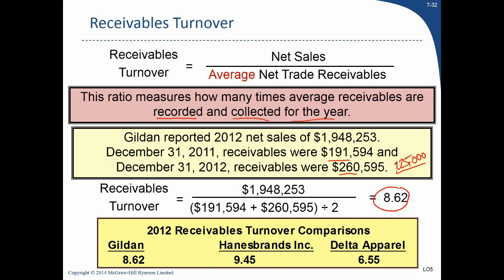This is simple in that we only have one customer, right? In actuality, you have a lot of customers, okay? But if we only had one, all that's happening is we sold to one customer 8.62 times at an average sale price of 225,000. Now notice how at the end of the year, our trade receivables are only 260, right?